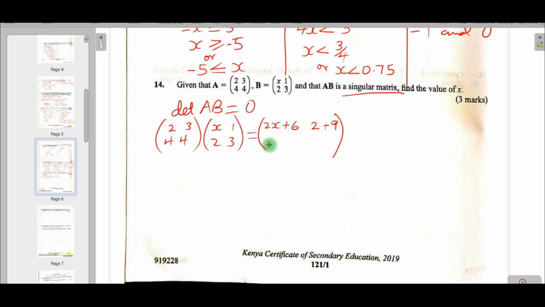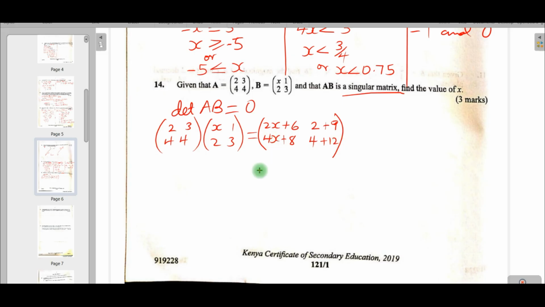To get the element in the second row, first column, we multiply second row, then first column. So 4 times x, that is 4x, plus 4 times 2, that is 8. Then to get the element in the second row, second column, we multiply second row, second column. So 4 times 1, that is 4, plus 4 times 3, so plus 12.